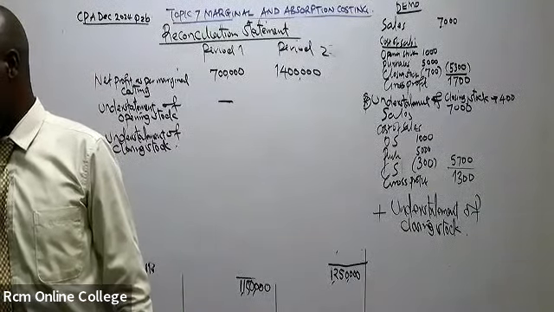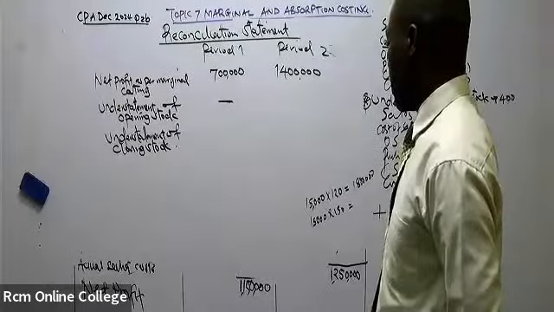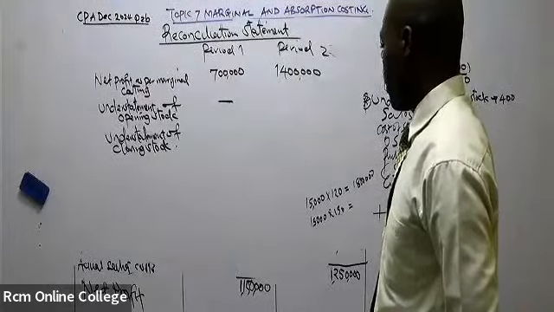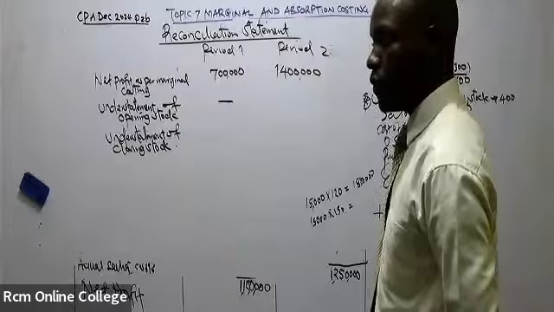As per marginal costing, it was 15,000 by 120. As per absorption costing, it was 15,000 by 150. So this one is giving us 1,800,000. How about 15,000 by 150? Was it 2250?